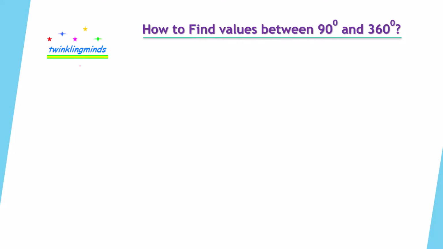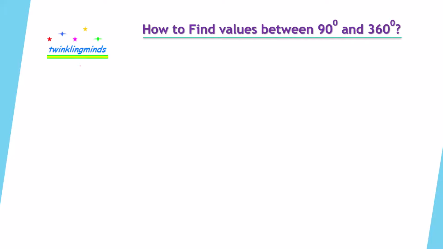So far we have seen how to find the values of 6 trigonometric functions between 0 to 90 degrees. Now how to find values between 90 degrees and 360 degrees?